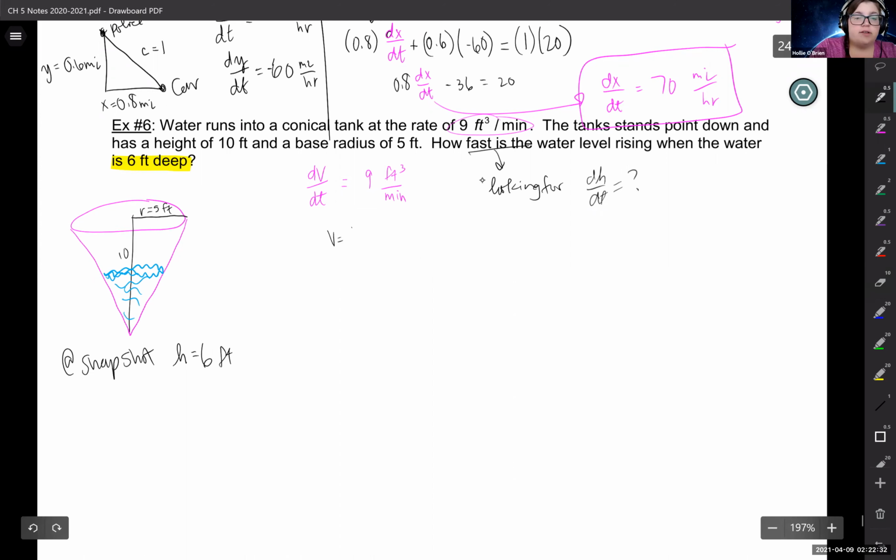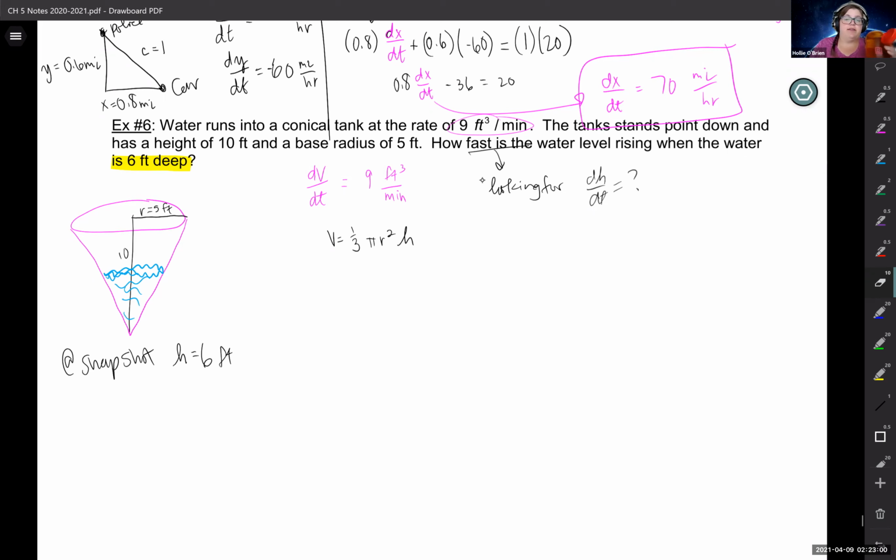Volume of a cone is 1/3 pi r squared times height. You can kind of think of it as the area of a circle times height. Well, that's a cylinder, and then 1/3 because it's like a pyramid cone. And if you're like, I don't care about knowing the equation, that's also fine. It's probably more useful for a math teacher to know than you. Okay, so we have this.